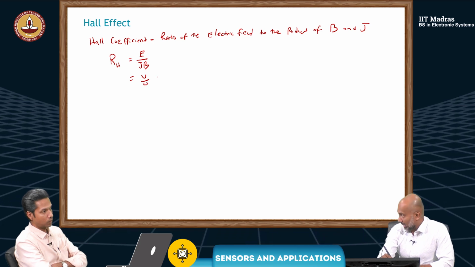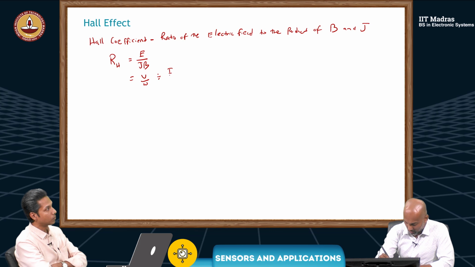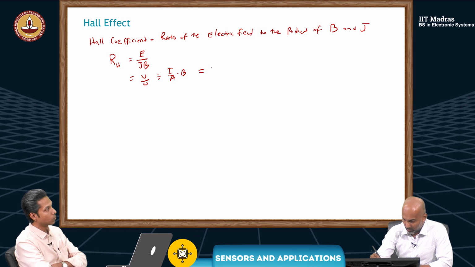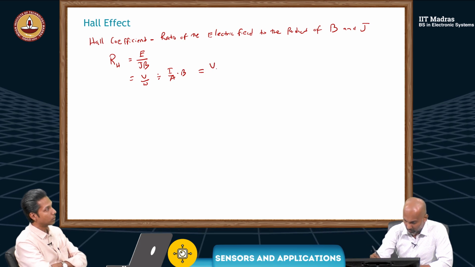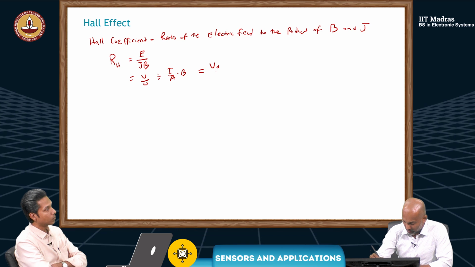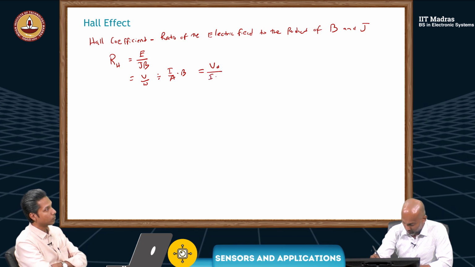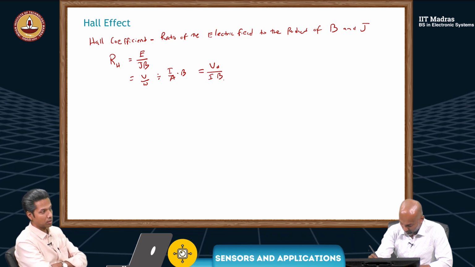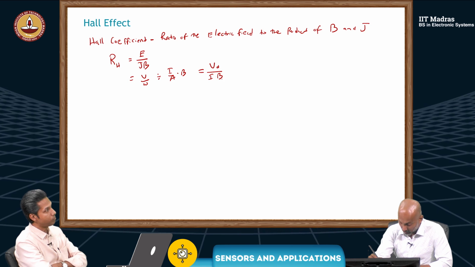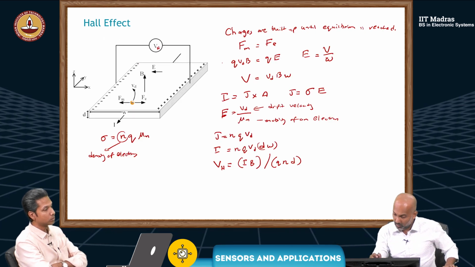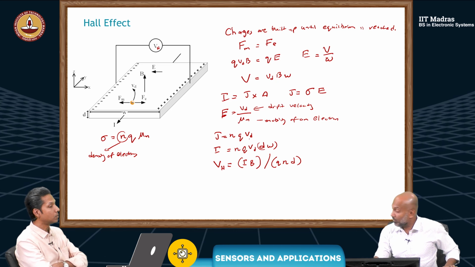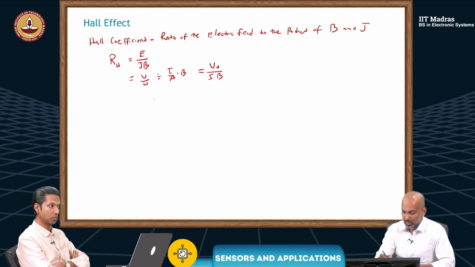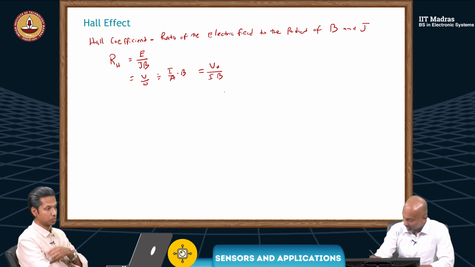Now we know that's E divided by I over A times B, which is then equal to VD divided by IB. VD is the drift velocity. J we found in terms of drift velocity, so if you substitute that, you get this RH in terms of VD and IB.